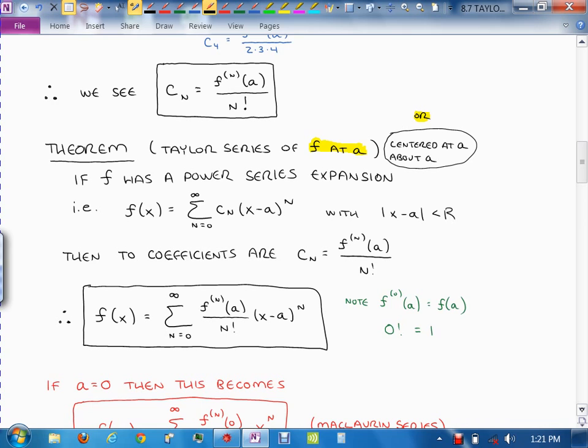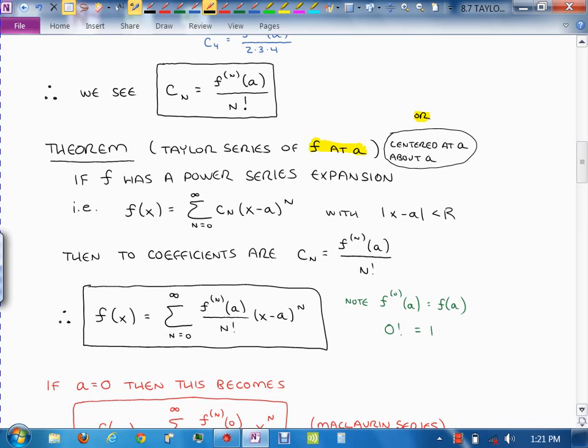Sum from n equals 0 to infinity, nth derivative at a, over n factorial, times x minus a to the n.